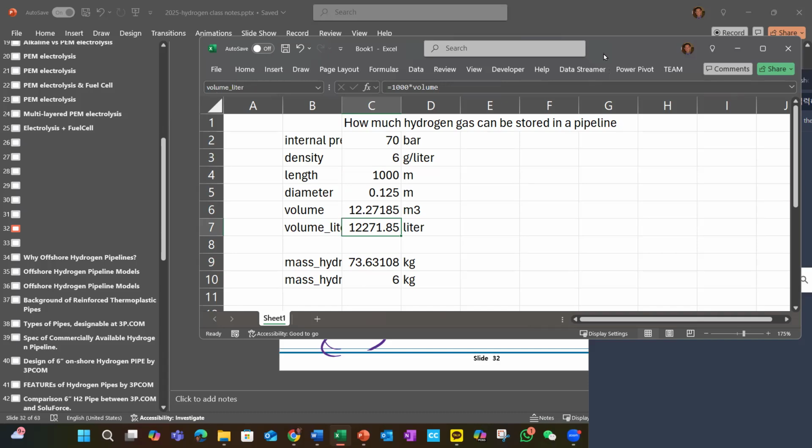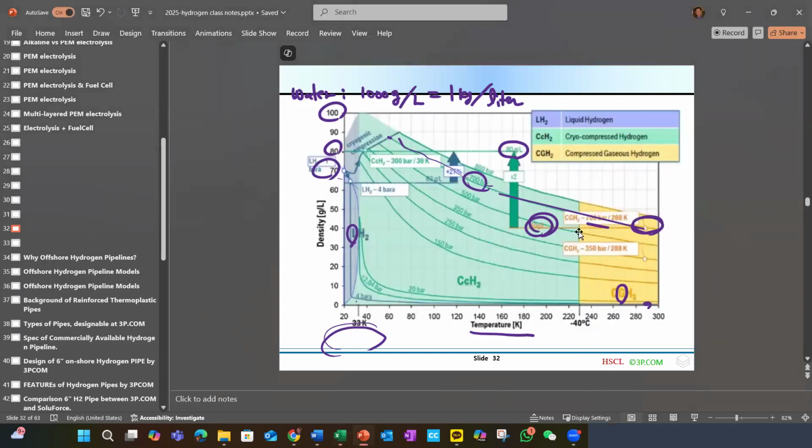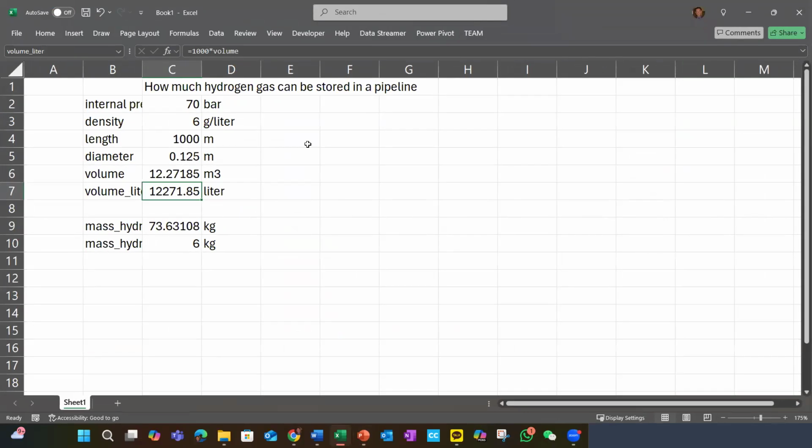Of course, if we increase the pressure, for example, 700 bar at room temperature, density will be 40. So if we increase to 700, then density will be 40.